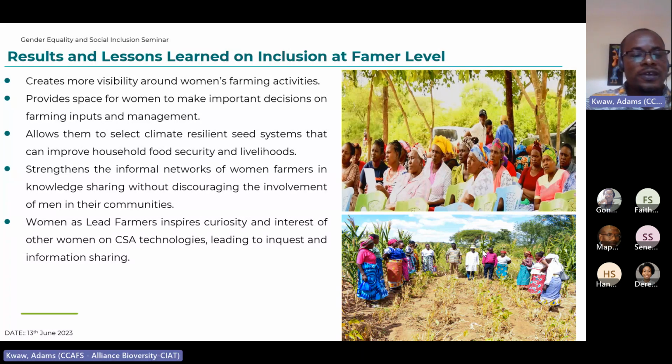And then through them, the information diffused to other farmers in the community. When one woman has something, other women become curious. And that led to information exchange, and in that process, helped strengthen the informal communication networks that women use to obtain knowledge about farming practices at the community level.